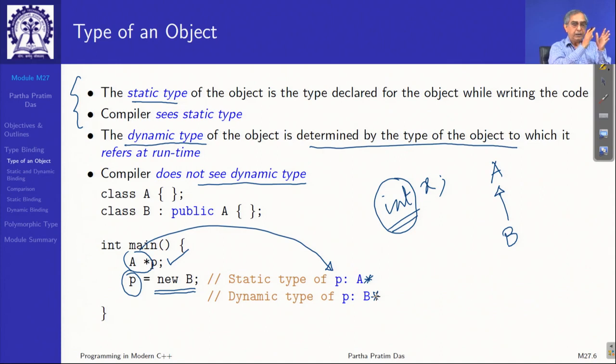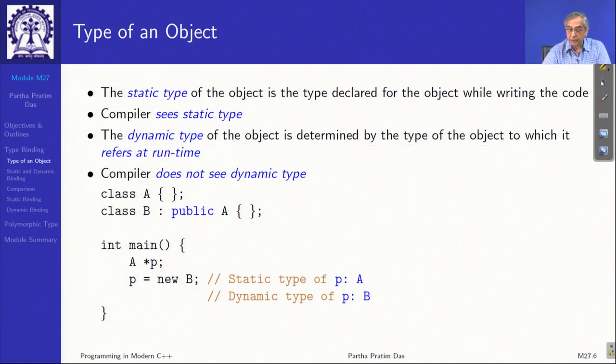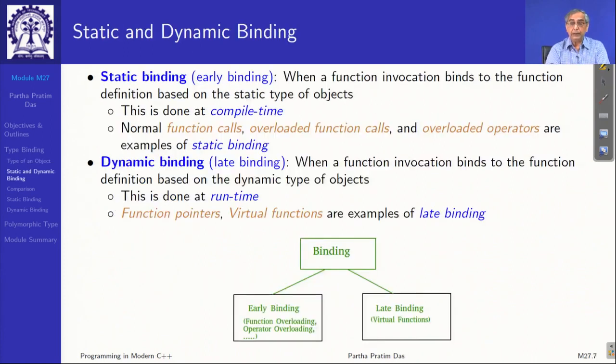So, the runtime type and the compile time type differ, the dynamic type and the static type differ, and that is where the big story of polymorphism in C++ starts. This type assignment to a variable is known as binding. What I mean is that deciding what the type of an object is, that process is called binding.